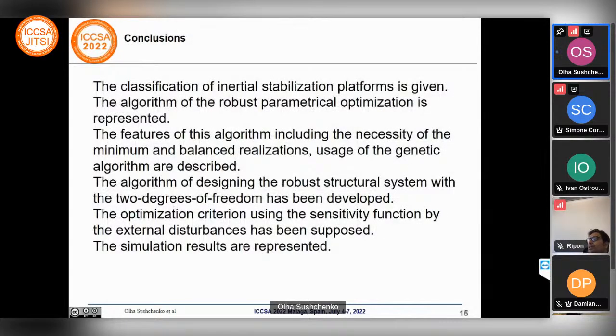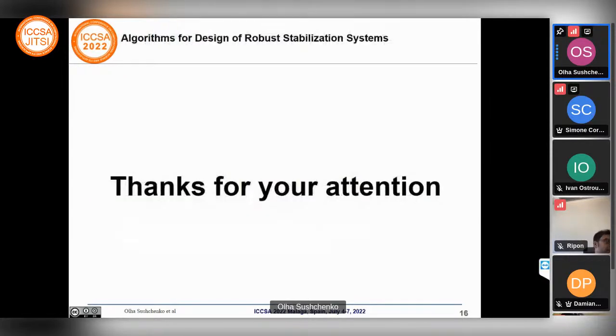You can see clear conclusions in my slide about classification, represented algorithm of robust parametrical optimization. The features of the algorithm are described, the designing of robust structural system was considered, and the simulation results are represented. Thanks for your attention.